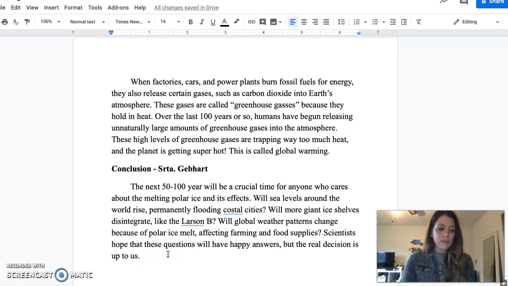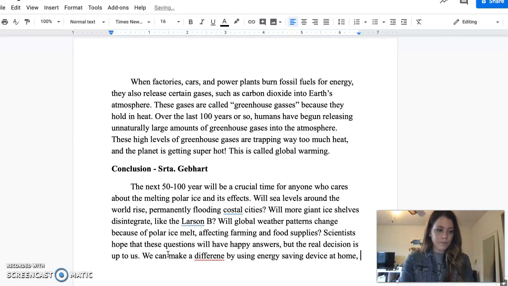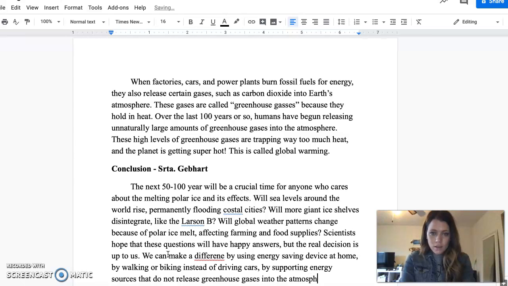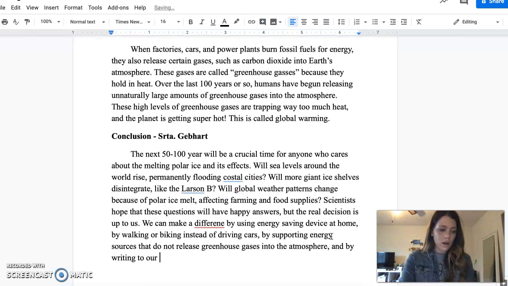We can make a difference by using energy saving devices at home, by walking or biking instead of driving cars, by supporting energy sources that do not release greenhouse gases into the atmosphere, and by writing to our representatives in Congress about the issue.